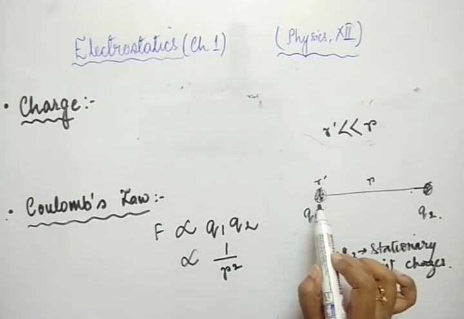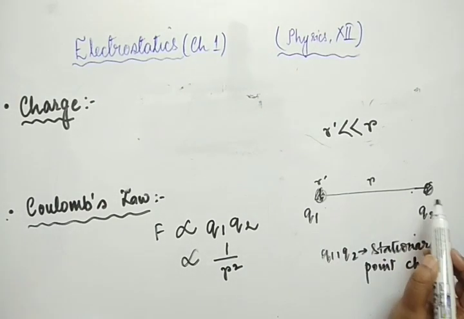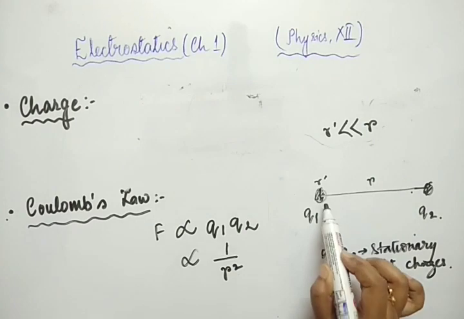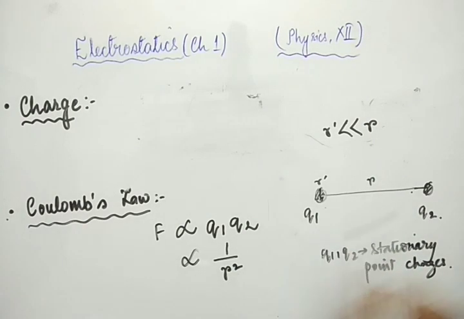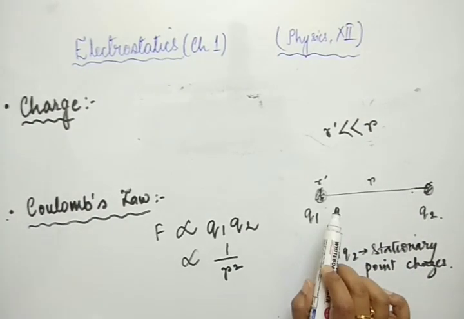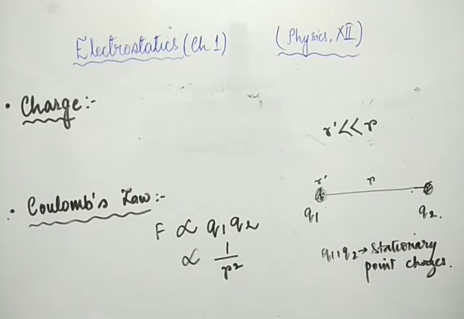That is, it is very tiny compared to the distance between them, and hence it looks like a point compared to the distance between these two charges. Okay, so this is the meaning of point charge. So Coulomb's law is valid for point charges only.